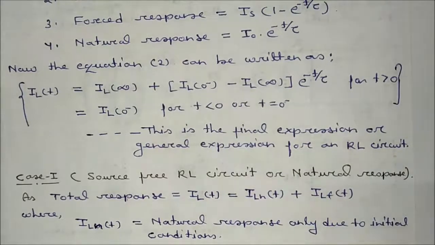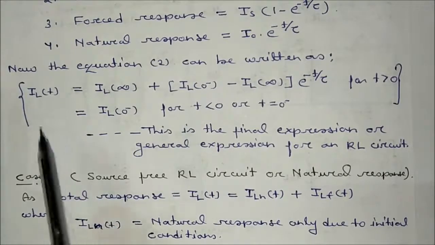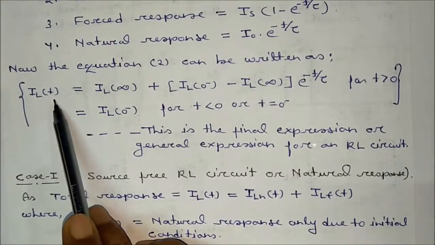In the same manner, what we got in the case of the RC circuit is VC infinite plus (VC 0 minus VC infinite) e to the power minus t by tau. Just replace V with I, and whatever relation you get is the response of a first order RL circuit.